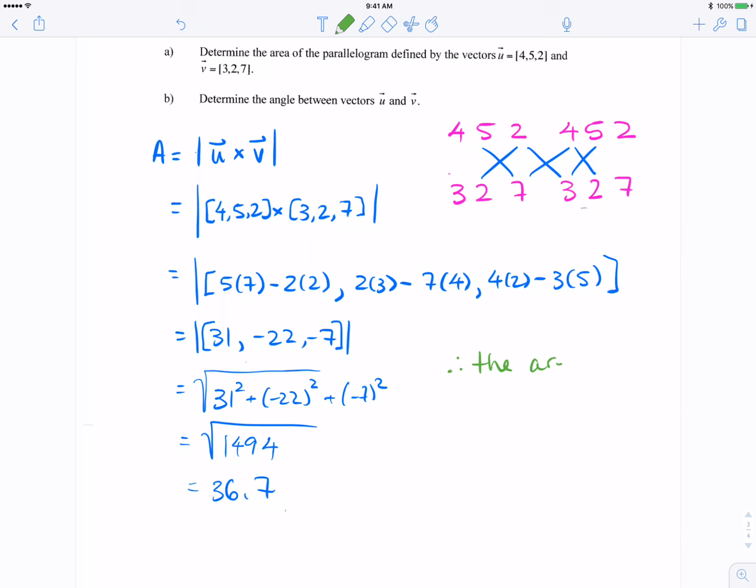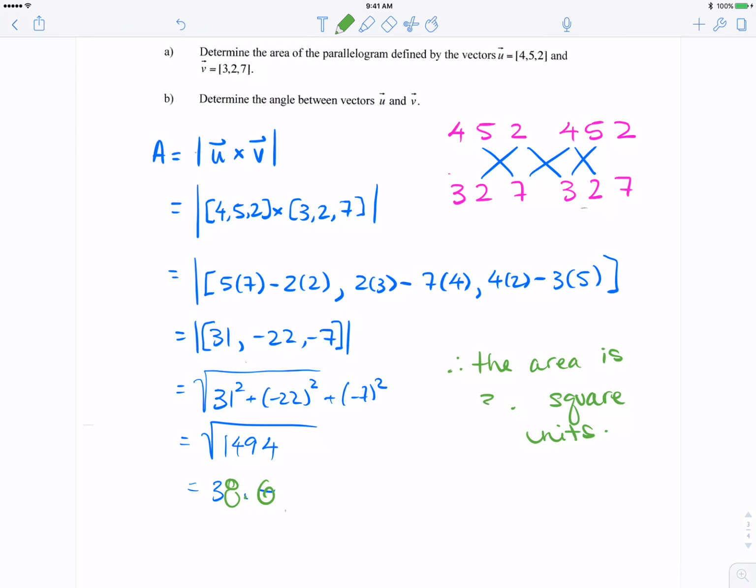Therefore, the area is 36.7 square units. Okay. Try it again. My calculator says 38.65. Love it. 38.65. Thank you, Graham.